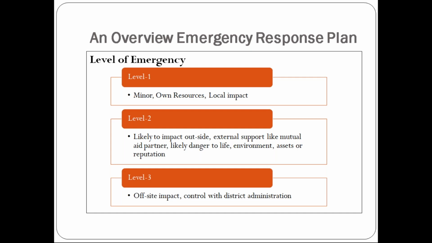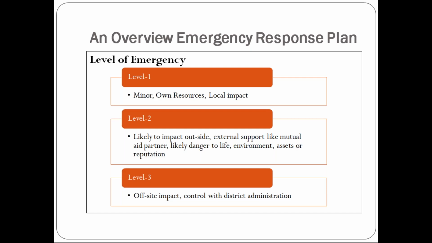The second category of emergency is level 2. Level 2 is an emergency which is possible or likely to impact outside, or, if there are multiple plants within one site, it is possible that the emergency can extend from one plant to another plant.